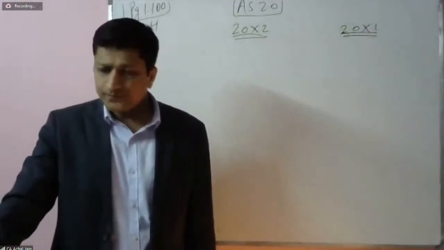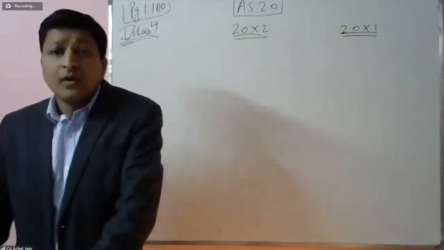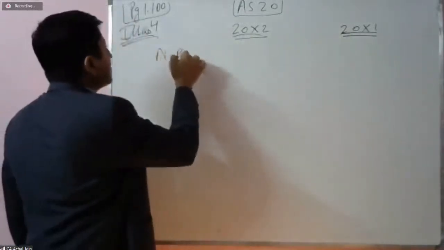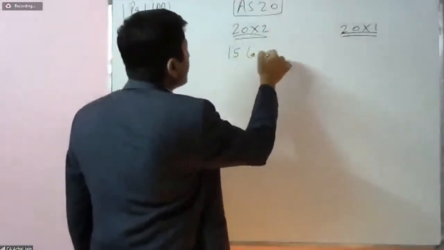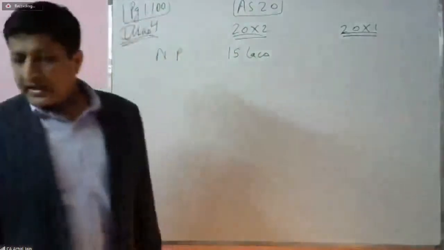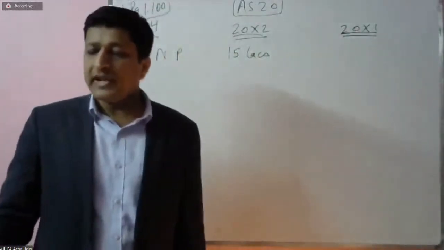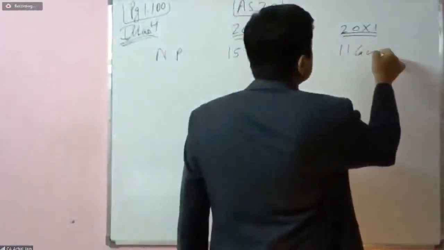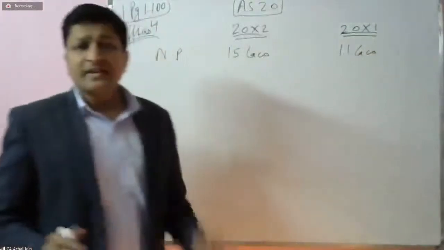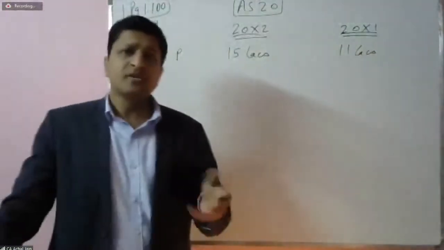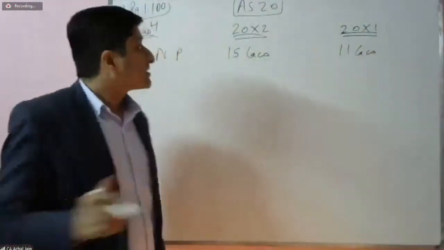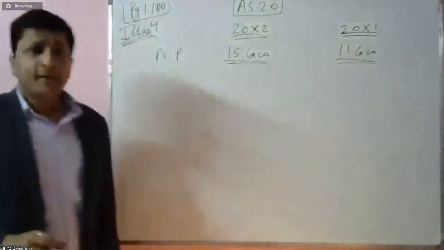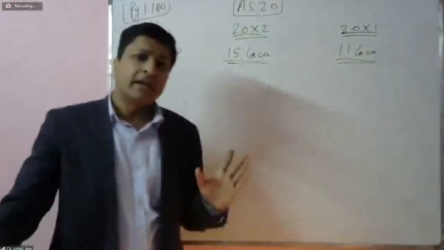Now for the current year, what is the net profit? 15 lakhs. And last year it was 11 lakh. Now do we need to make any adjustment in the net profit? No, there is no preference dividend. So that means this is final. Okay, our numerator is clear.